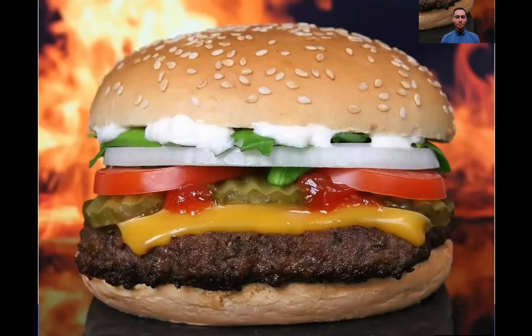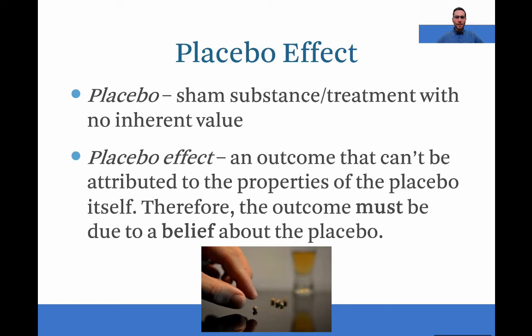For example, you might find a hamburger to be delicious if you believe what you're eating is a hamburger. If what you believe you're eating is a veggie burger, you might have a different impression of it. The placebo effect, a similar idea, involves how our beliefs about a substance we're consuming might have an effect on us in terms of how we feel, especially in terms of things like pain or in terms of energy or happiness, emotional effects, etc. A placebo itself is a sham substance.